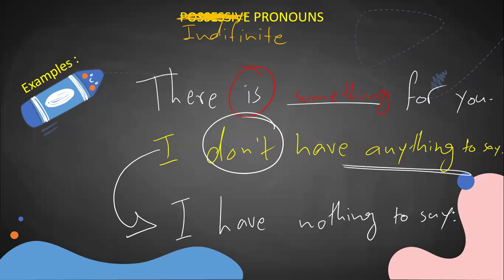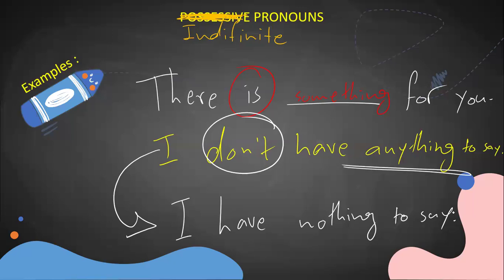Okay, again, in English, we have three indefinite pronouns: some, any, and no. We use body with people, thing with things, and where with places, like somebody, something, and somewhere. Nobody, nothing, and nowhere. Anybody, anything, and anywhere.